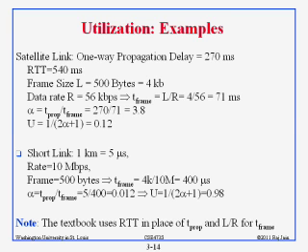If your data rate is 56 kilobit per second, your frame time is 4 kilobit divided by 56 kilobits per second, which gives you 4 upon 56 seconds, which in milliseconds is 71 milliseconds. So everybody can get that 71 milliseconds, right? What is the length of the packet divided by what is the rate?